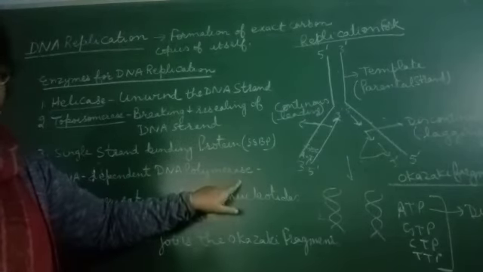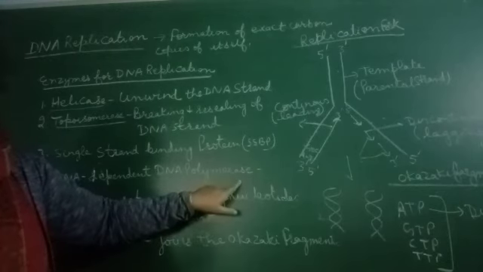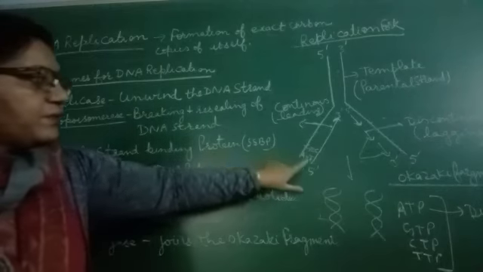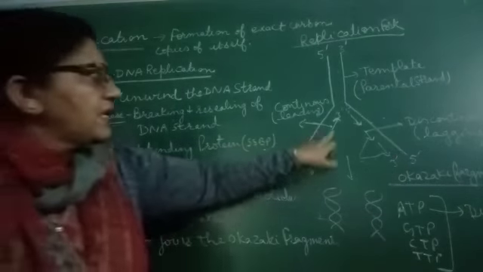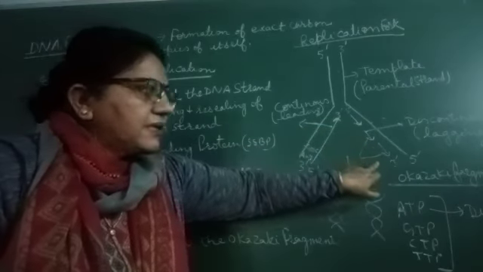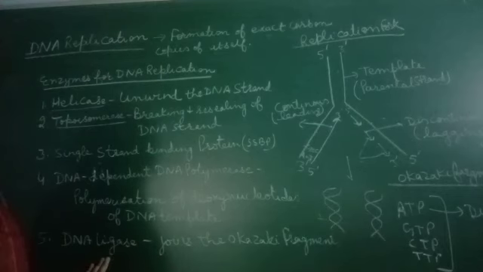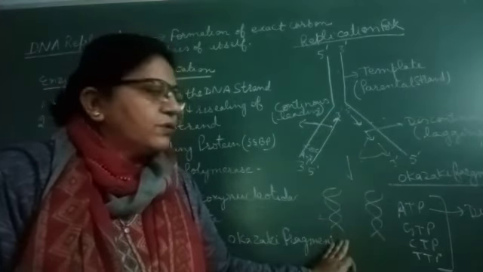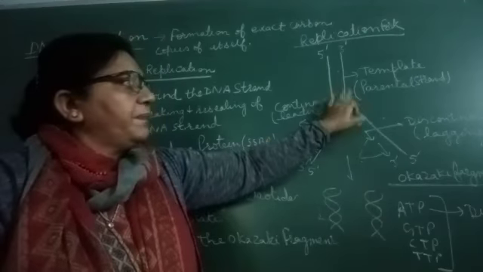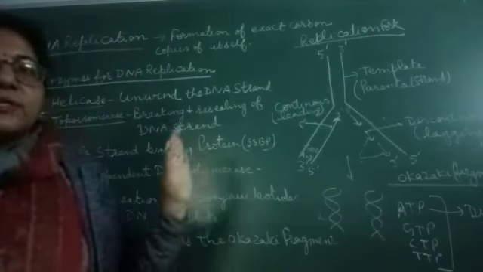The deoxynucleotide may be adenine, guanine, or thymine, which forms a complement with the template strands. One is a continuous strand, another is a discontinuous strand, and then with the help of the enzyme ligase, they join with each other and you get two daughter DNAs from one parent DNA.